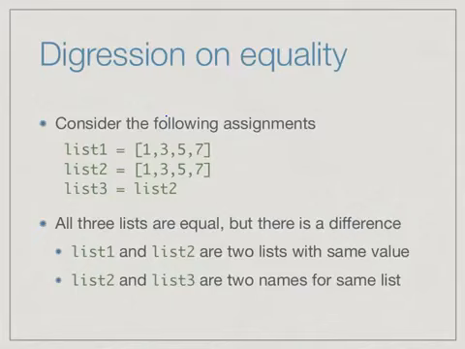There is exactly one list to which they are both pointing. So if we update list3 or we update list2, they will continue to remain equal. Right? So there are two different notions of equality, whether the value is the same or the actual underlying object that we are referring to by this name is the same. In the second case, updating the object through either name is going to result in both names continuing to be equal.